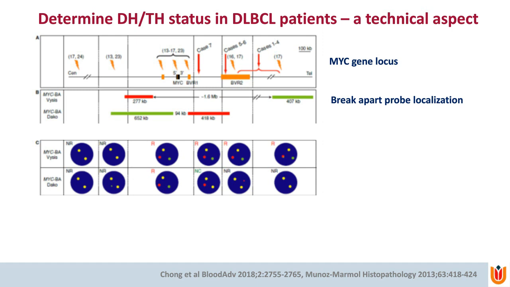But the breakpoints are located at a very wide chromosomal area around the gene. Now, if those breaks fall between the red and the green probes that you see in the top panel, called physis, then we see a yellow untranslocated allele and a red and a green dot of the translocated allele.